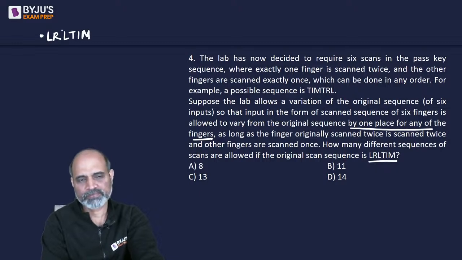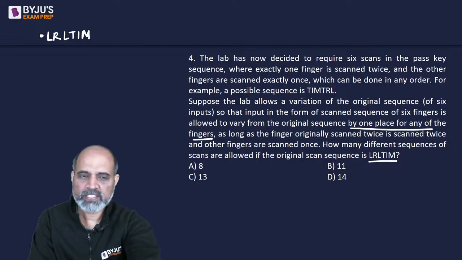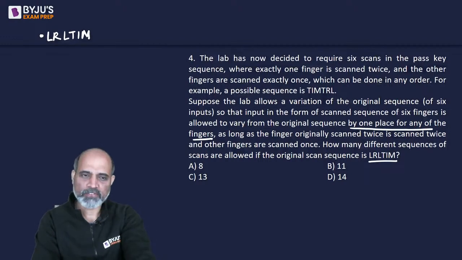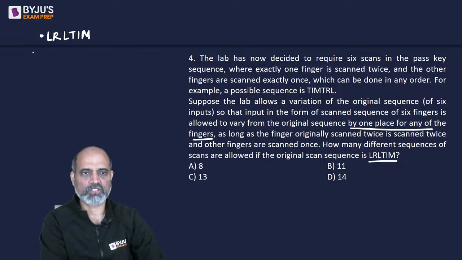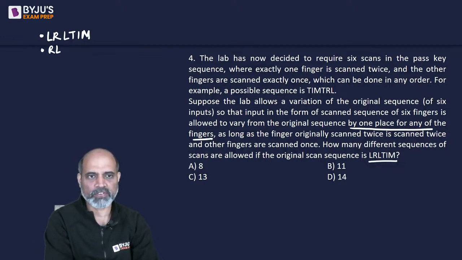Okay, this is one. The next one is if we interchange by one place for LR, RL, LT, TI and IM one by one, okay. Suppose I interchanged LR, so I will have RL, L, TIM. Right?